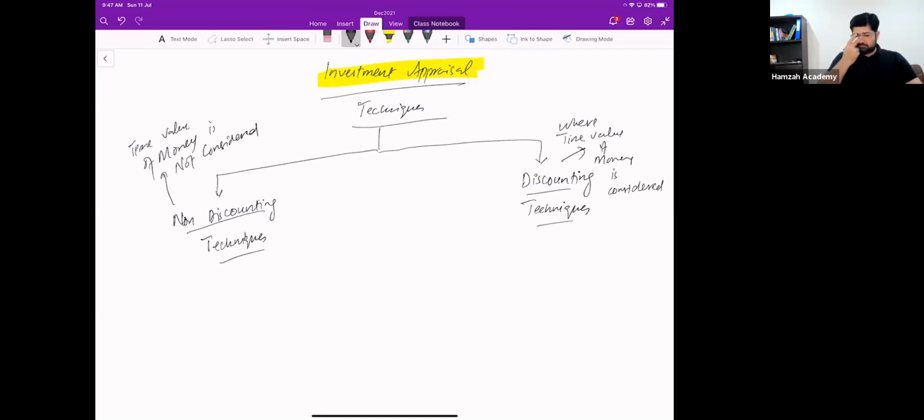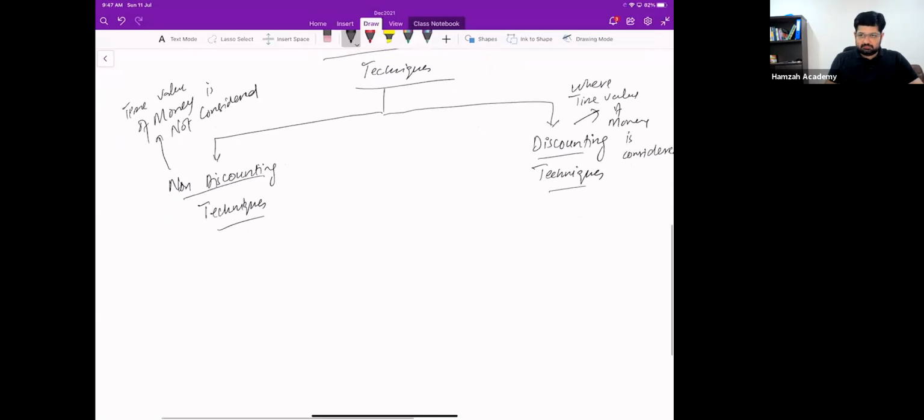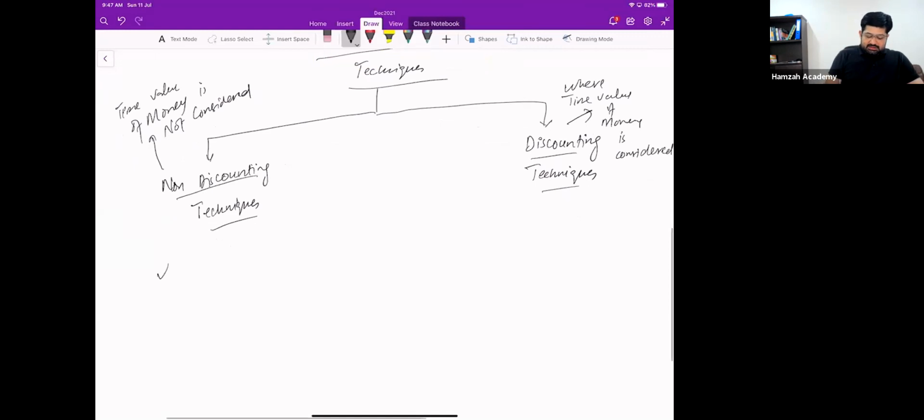Now, next, the non-discounting techniques are the accounting rate of return, ARR, and the payback period method.